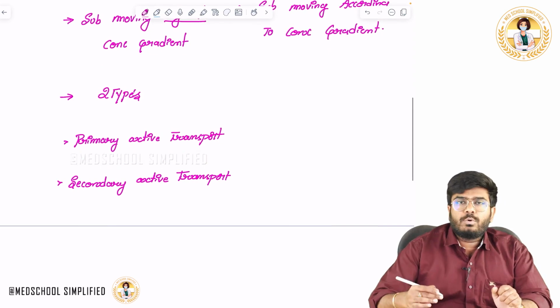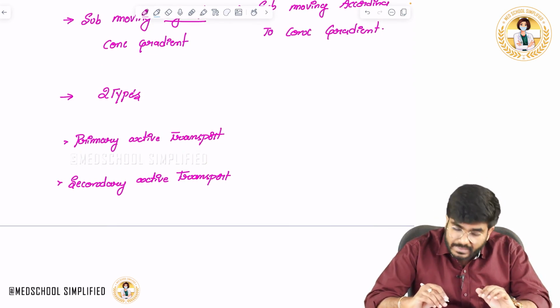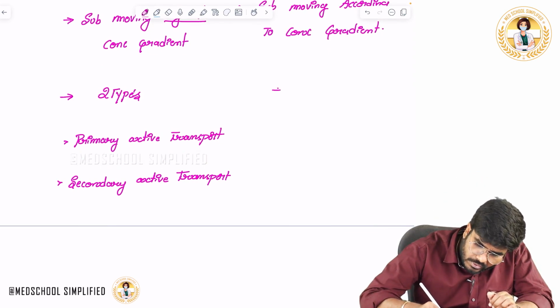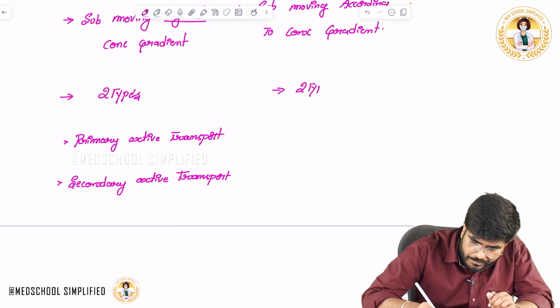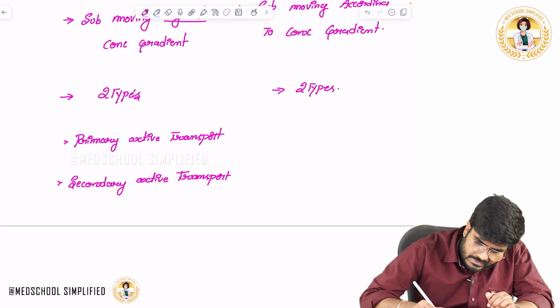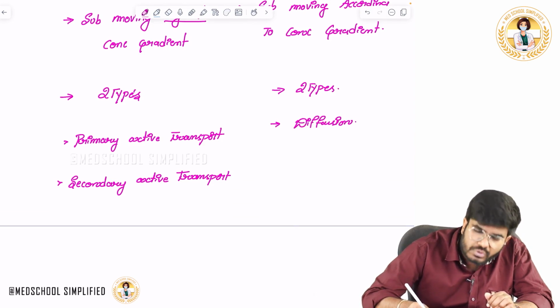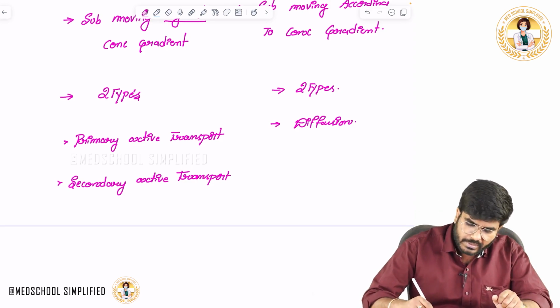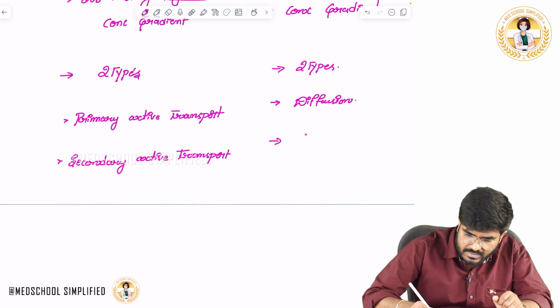And in passive transport, are there any subtypes? Yes, here also two types are there. One is diffusion. Diffusion is a type of passive transport. Diffusion and osmosis.